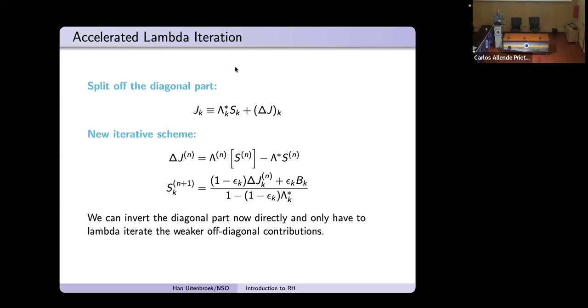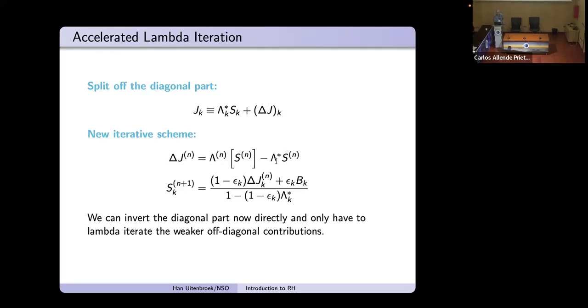The genial idea was to split off an approximate part of this lambda. It's called lambda star, and we split up this equation for J into the approximate part and some delta J, where delta J is now the difference between the full lambda operator operating on the source function, minus the approximate lambda operator.